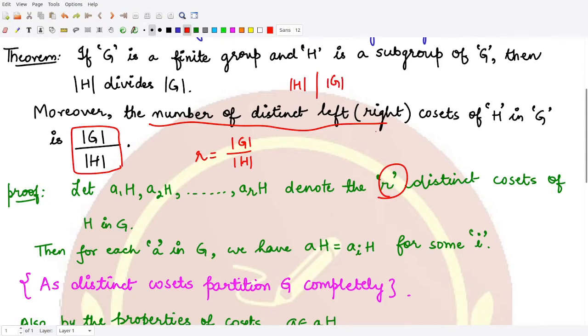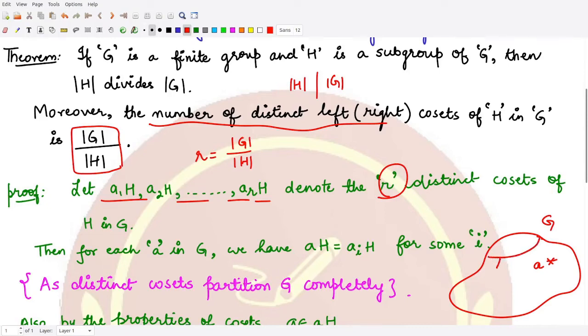So for that, let's first consider distinct cosets of H in the group G. Now we select an arbitrary element A from this group G. If you remember, we can divide the whole of G into distinct cosets, each of equal size.